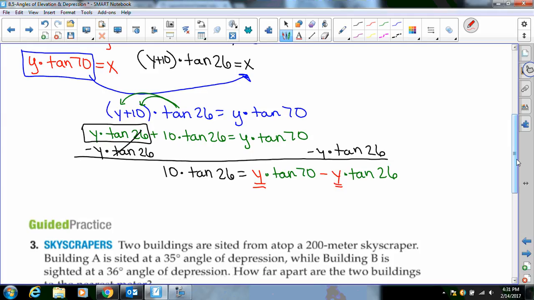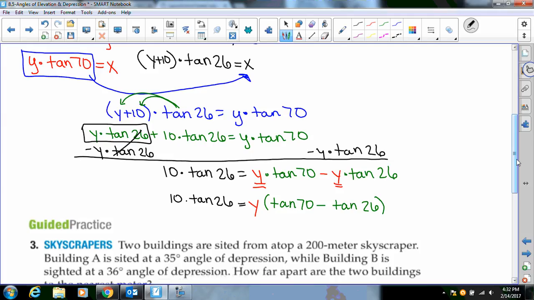They both have a y. So I'm going to pull that y out. And when I pull that y out, I'm left with the tangent of 70 minus the tangent of 26. Again, those are representing numbers. We just don't have it written yet. And then that's equal to 10 times the tangent of 26.